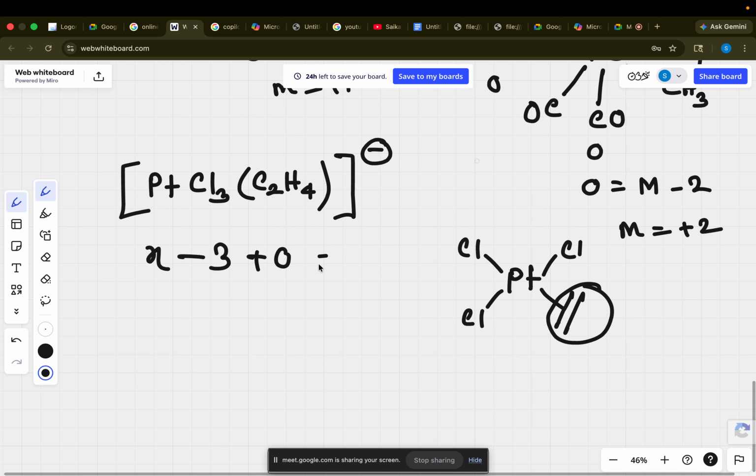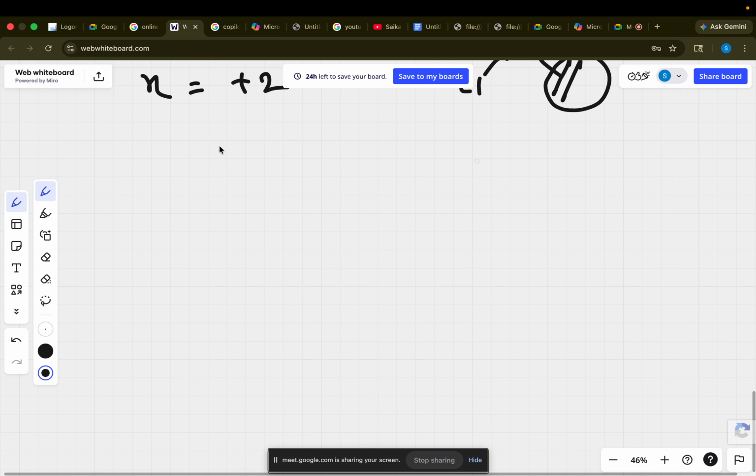So plus 0 is equal to the overall charge, which is minus 1. So X is equal to plus 2. So platinum is present in plus 2 oxidation state. Okay, done. Done, sir.